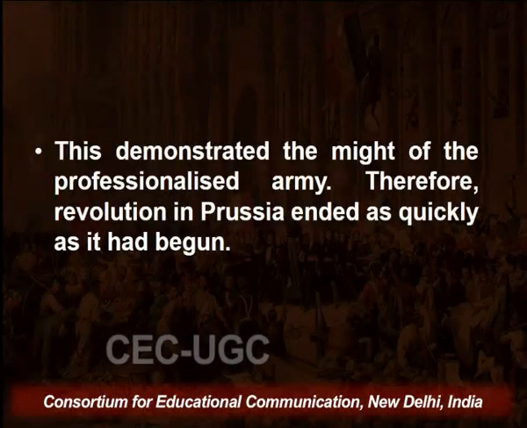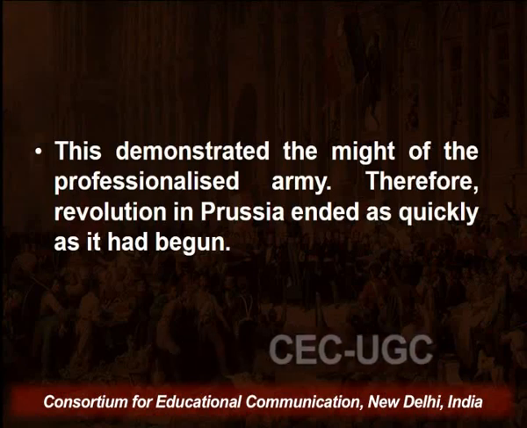The German minority obviously resented this, and the Prussian army sided with the Germans and helped them to crush the new government, and this by itself had demonstrated the might of the professionalized army. And therefore, what we get to see is that the revolution in Prussia ending as quickly as it had begun.